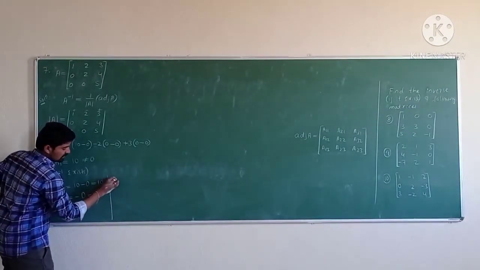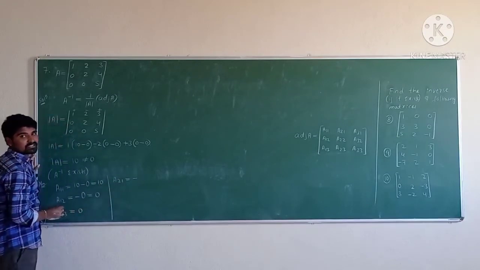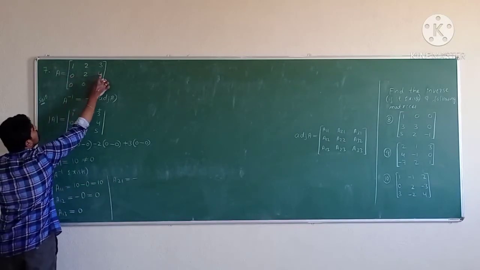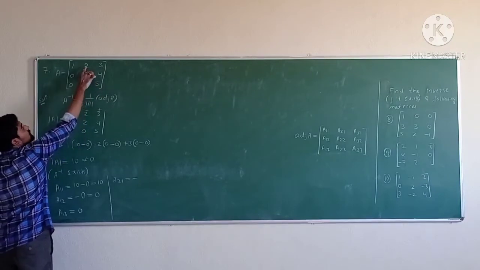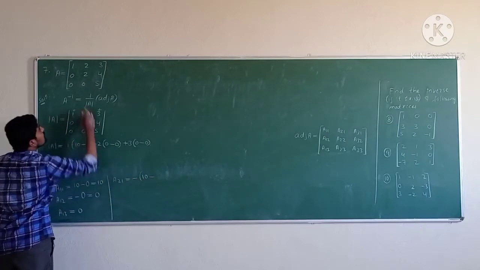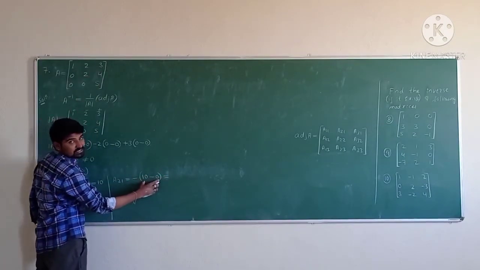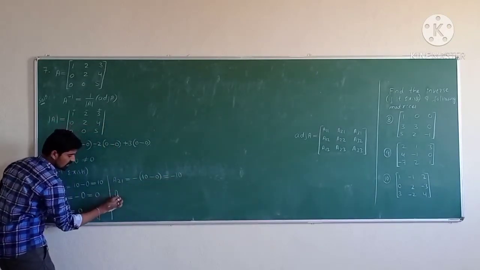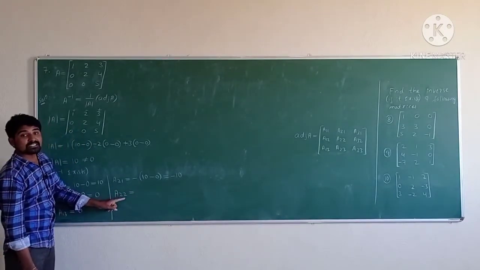And next A21, 2 plus 1 is odd, therefore multiply by minus, and it is obtained by deleting the second row, first column. After deleting this second row, first column, remaining elements 2, 3, 0, 5, so 2 into 5 is 10, minus 0 into 3 is 0, which is equal to 10 minus 0, 10 into minus, so minus 10. Next A22 is obtained by deleting the second row, second column.